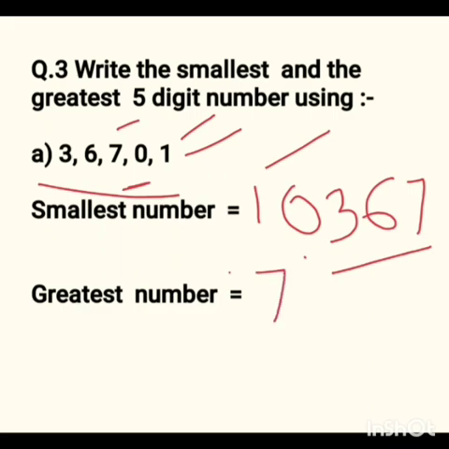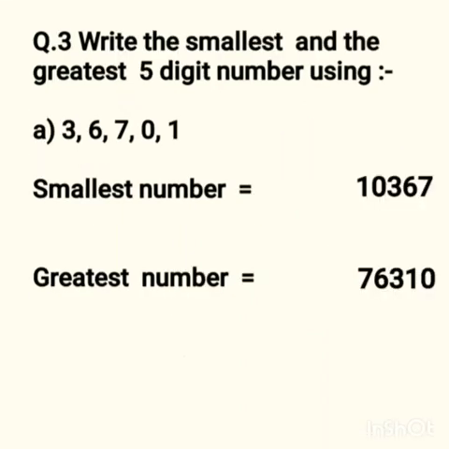So I write 7, then 6, then 3, then 1. And the last is 0. Now you know, student, how we can make the smallest and greatest 5-digit number using these 5 digits.